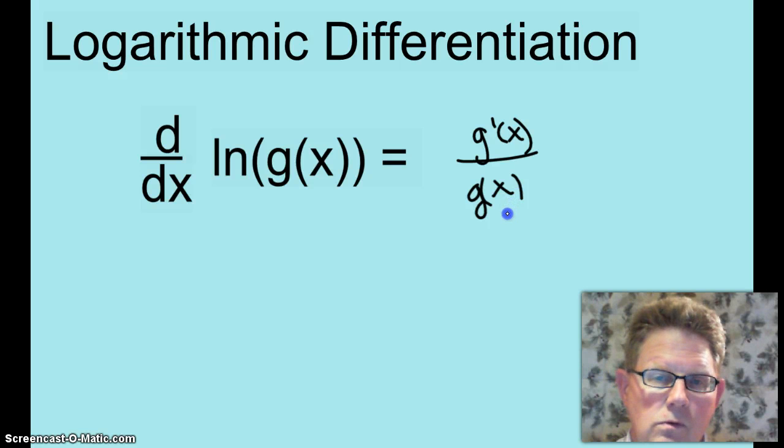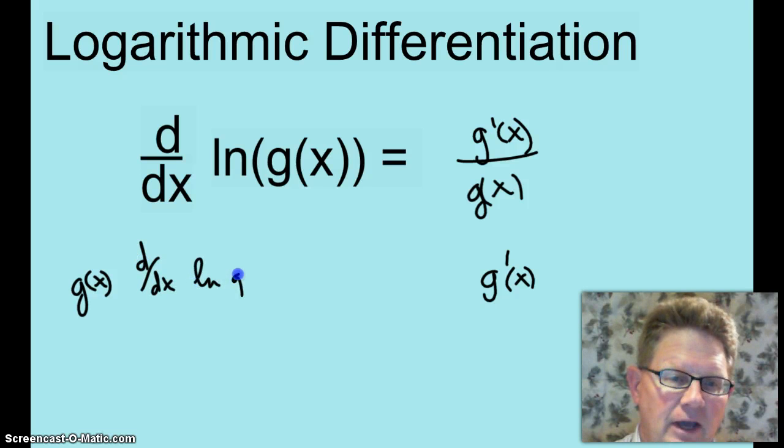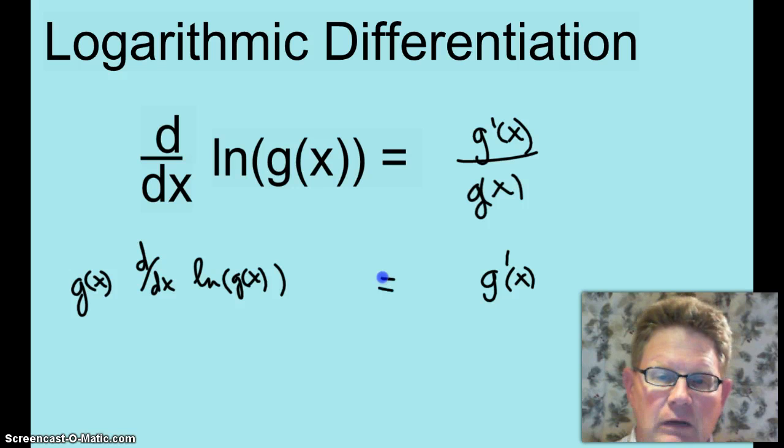So if I multiply both sides by g of x, I'm going to get g prime of x on the right side, and on the left side I'm going to have g of x times the derivative of the ln of g of x. Those two expressions are going to be equal.